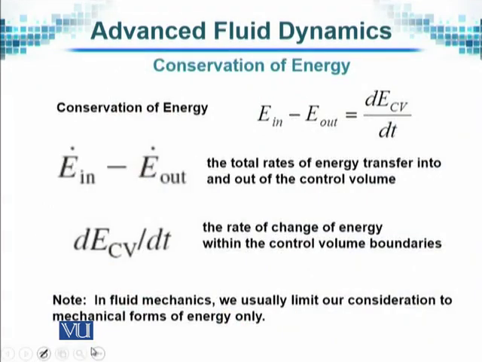And for conservation of energy, to be able to write it in equation form, energy in minus energy out, since again we are talking about the rate of change of energy with time, the rate of change of energy is obviously mathematically denoted by dE by dt, where E is the energy being considered for a certain control volume.